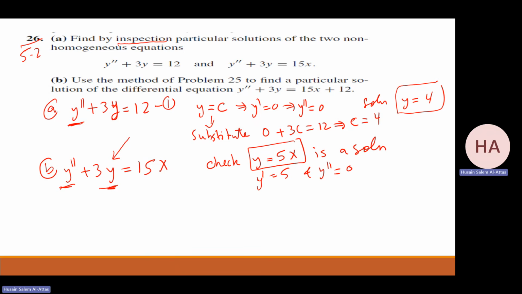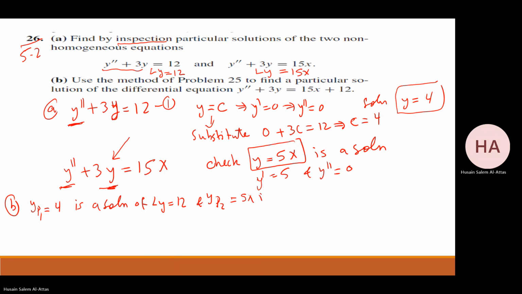Now let me do part B. I can rewrite the equation as Ly equals 12, and I have Ly, the same L, equals 15x. So yp1, which is 4, is a solution of Ly equals 12, and yp2, which is 5x, is a solution of Ly equals 15x.